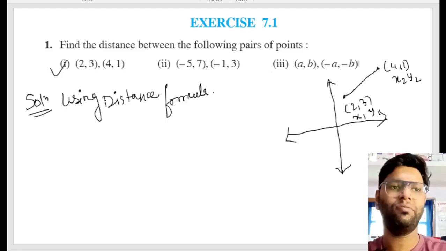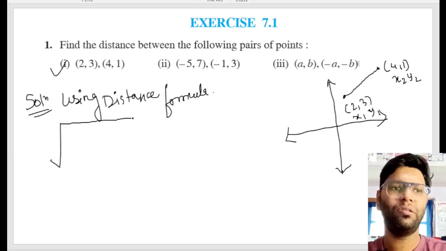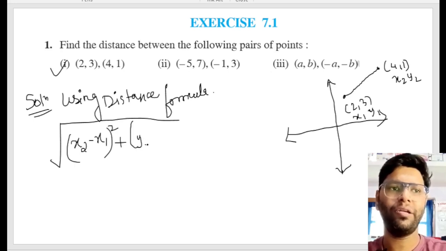What does our distance formula say? It says root over (x2 minus x1) whole square plus (y2 minus y1) whole square.